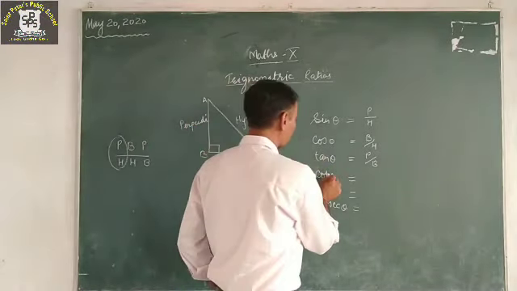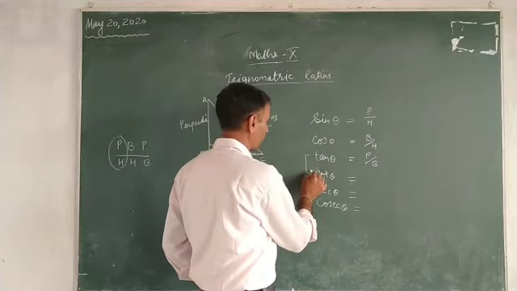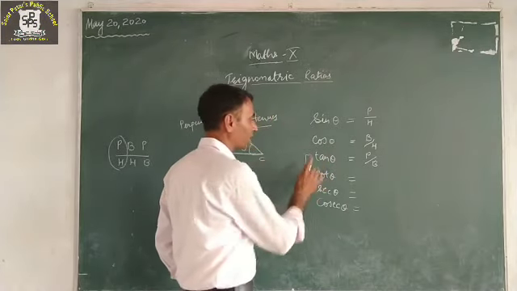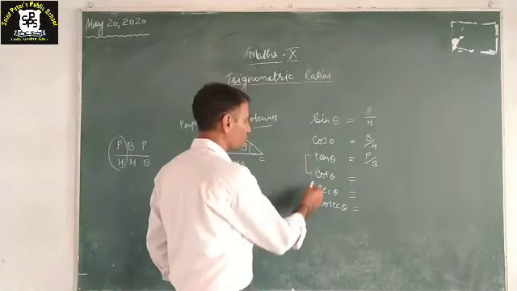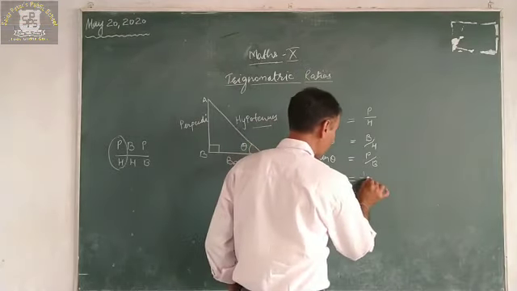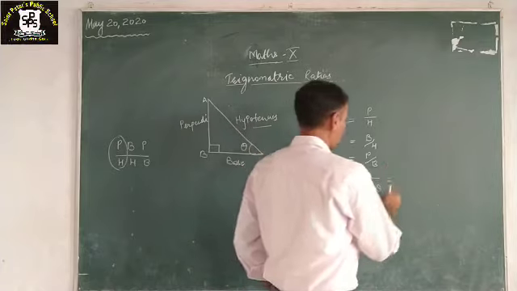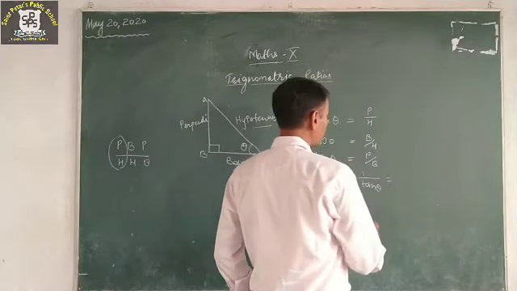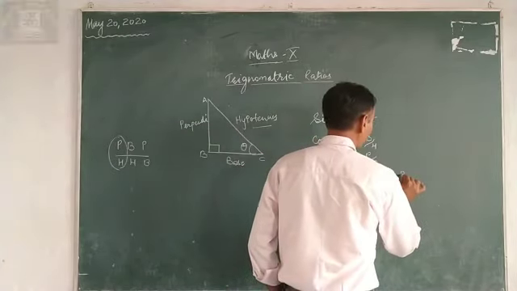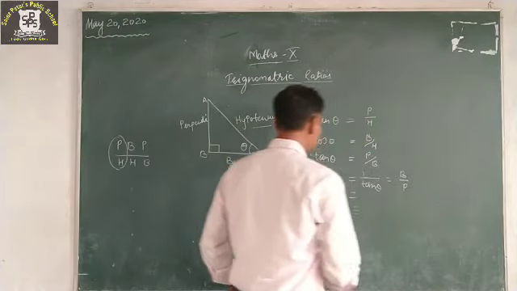And for cot theta, as we know, cot theta is the reciprocal of tan theta. So we can write cot theta equals 1 upon tan theta, or with respect to the sides of the right angle triangle, base upon perpendicular.